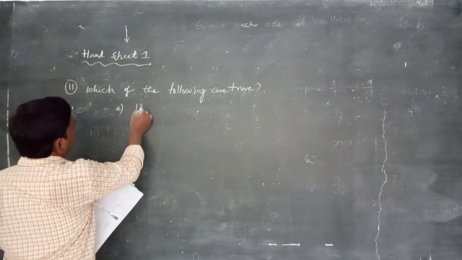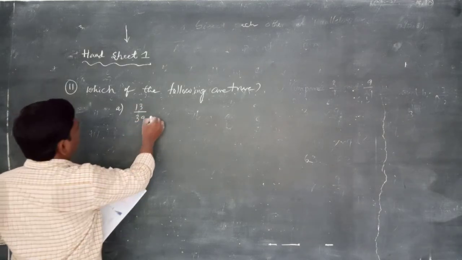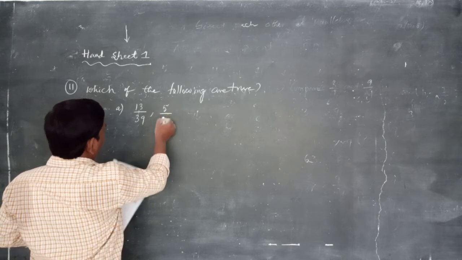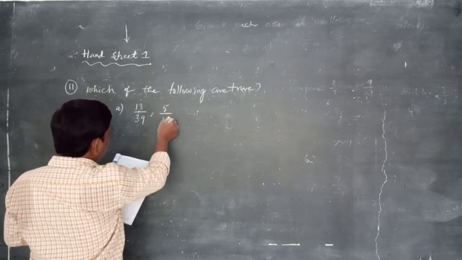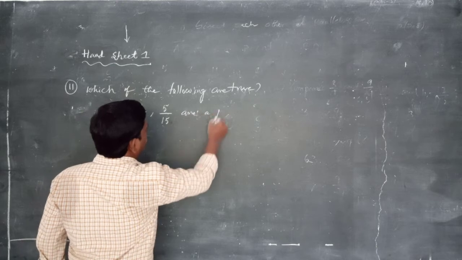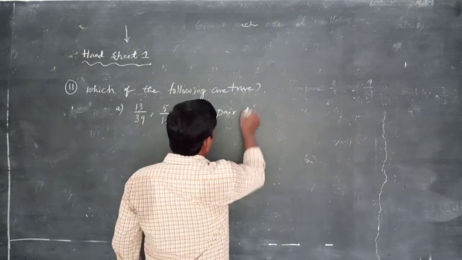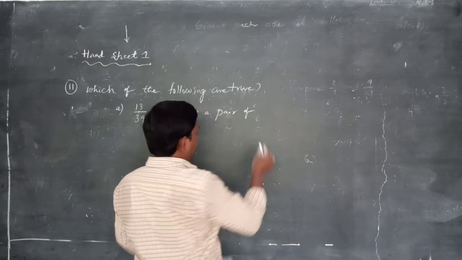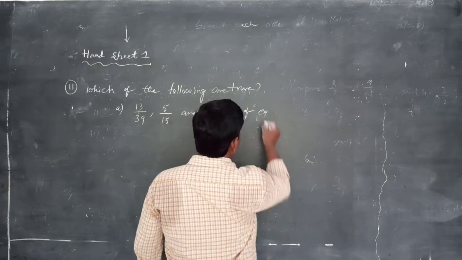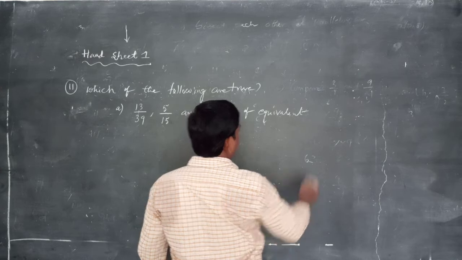A. 13 by 39, comma, 5 by 15, are a pair of equivalent fractions.